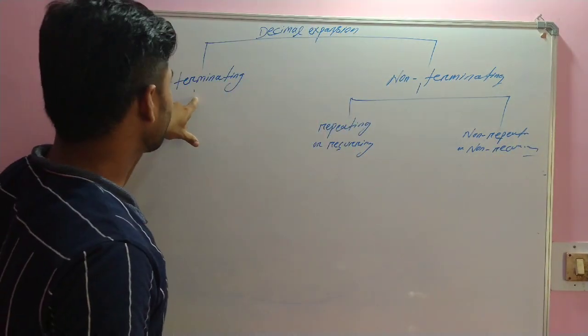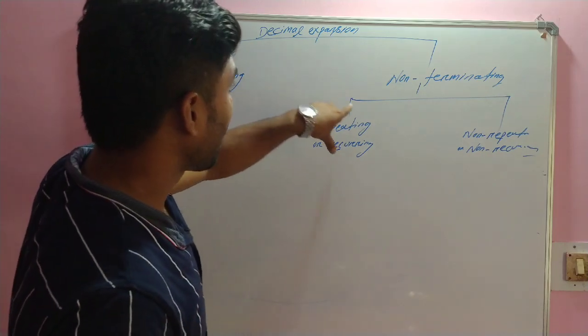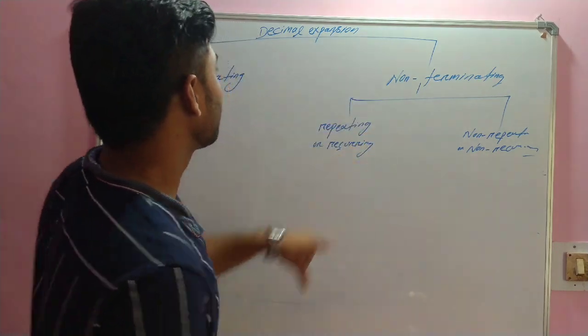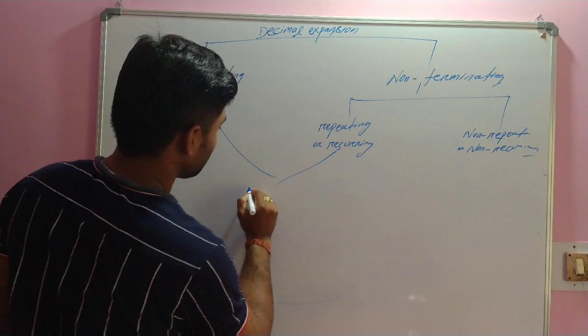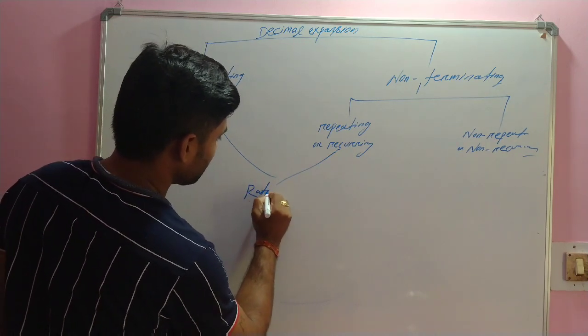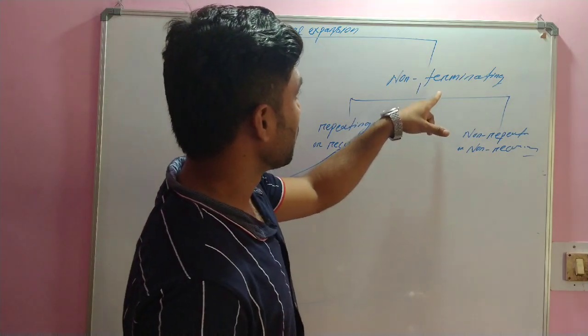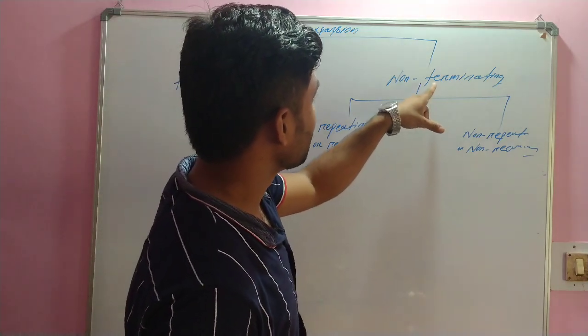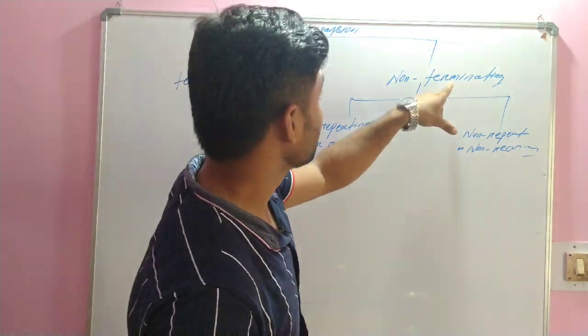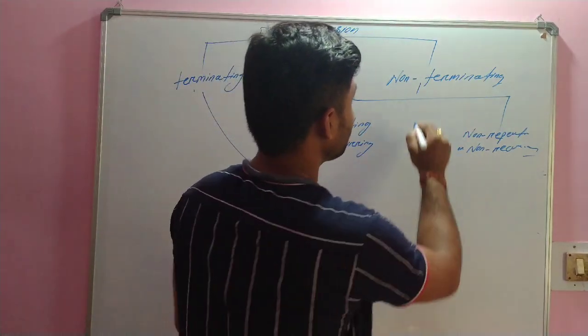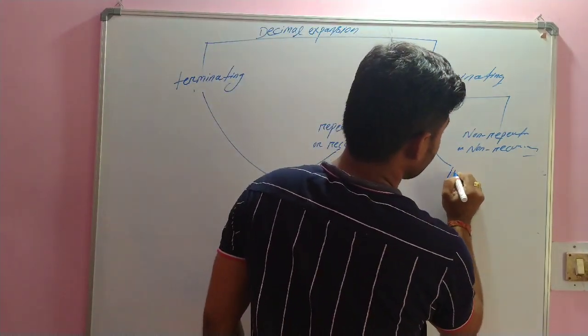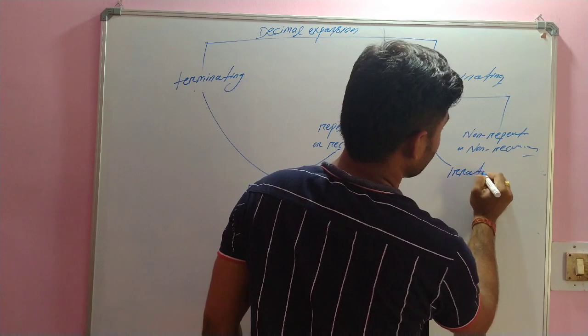The rational numbers are those which are terminating and also non-terminating repeating. And the decimal numbers which are non-terminating and non-repeating are irrational numbers.